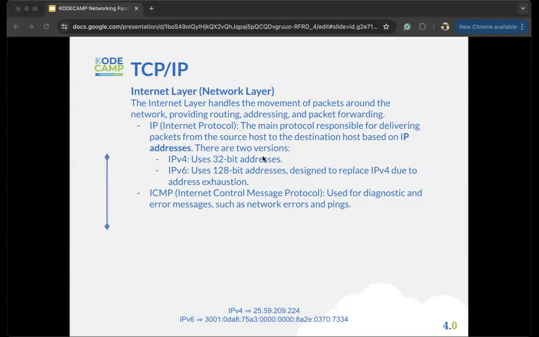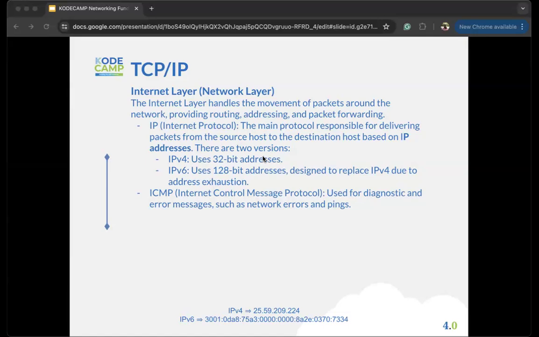And there are two ways to specify IP addresses. You can use IPv4, which was the first notation of IP addresses and is just 32 bits, and there's a much longer one, a 128-bit address, which is IP version 6.